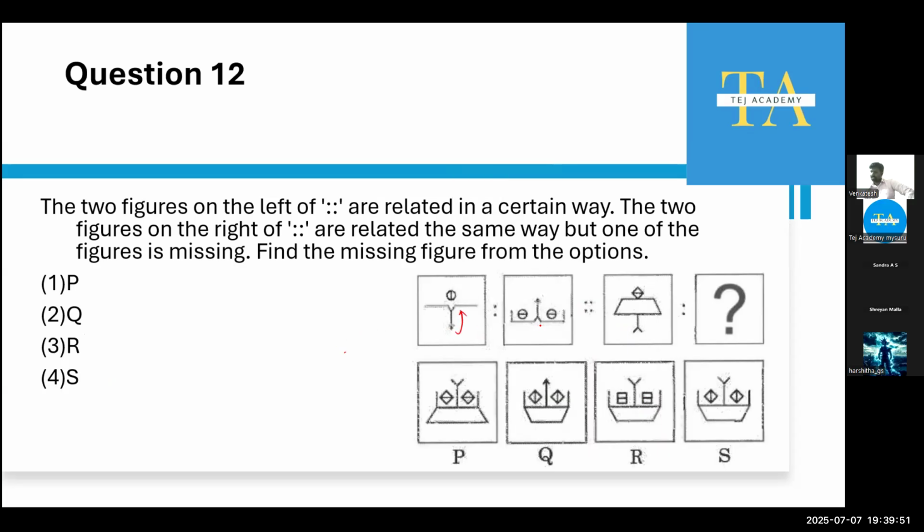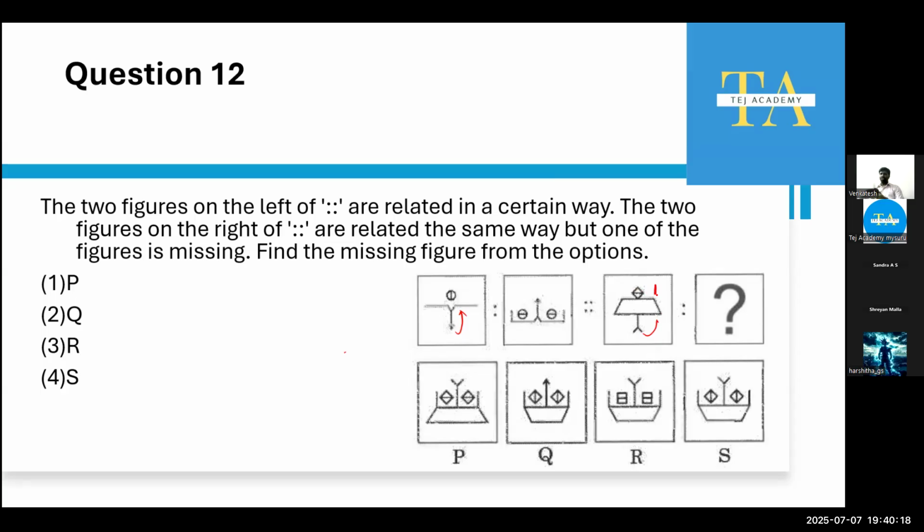This figure comes to the top, and the vertical goes to the horizontal. The vertical part goes to the horizontal and the bottom part goes to the top. Similarly, this goes to the top, and this horizontal comes to the vertical. Now you identify which option will be the matching?